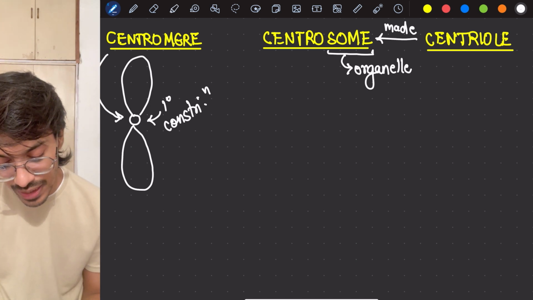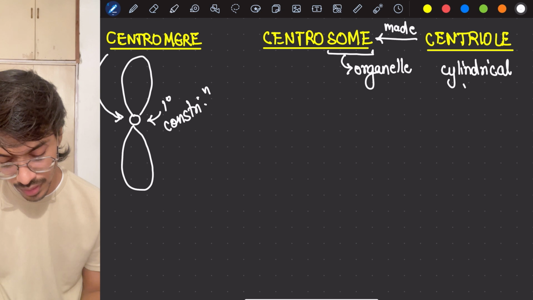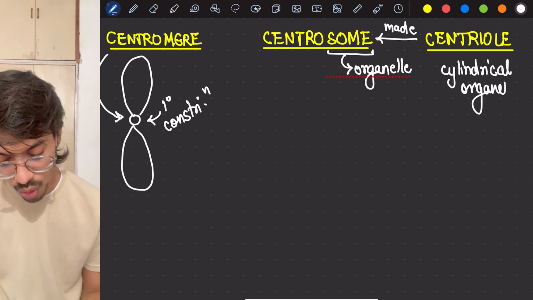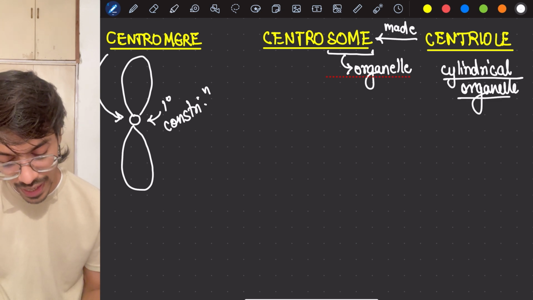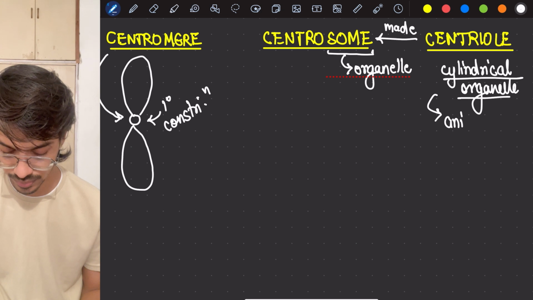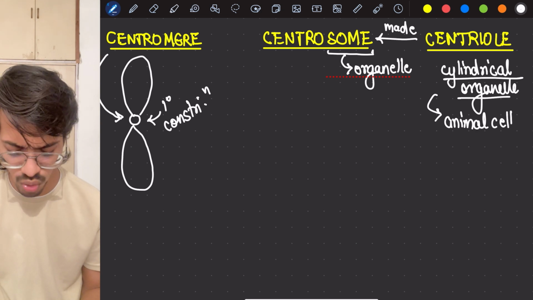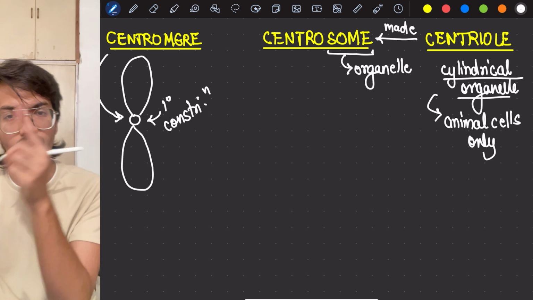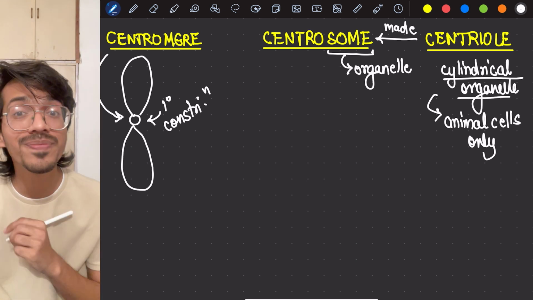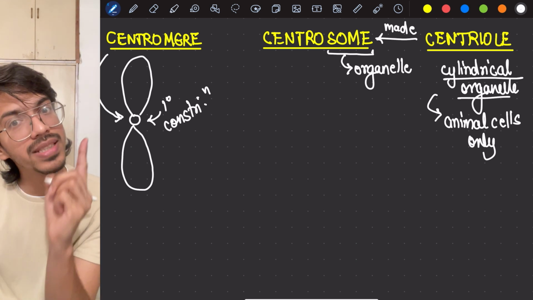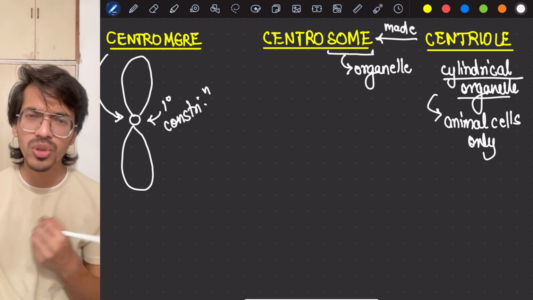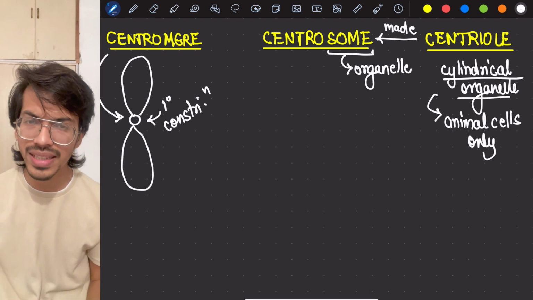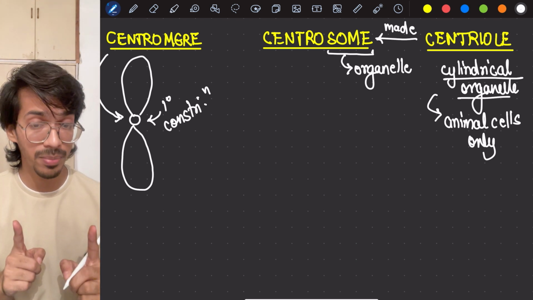Centriole is a cylindrical organelle which is present only and only in the animal cells. No plant cell has this. So if the plant cells do not have centriole, means they do not have centrosome also. But centromere will be present in every cell because primary constrictions are present there. So this is an important point to remember.